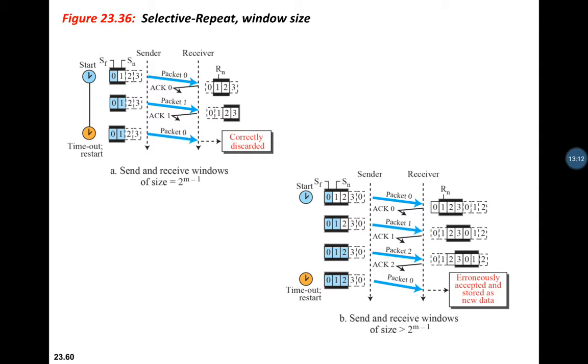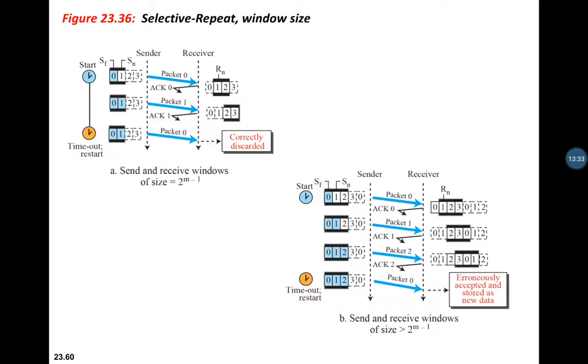When it receives packet 0, it accepts and stores it as new data, but actually it should not accept, because packet 0 was already received, only the acknowledgements were lost. That will be wrong. That's why the receive window and the send window size should be equal to 2 power m minus 1. So this is what we had seen about the selective repeat.